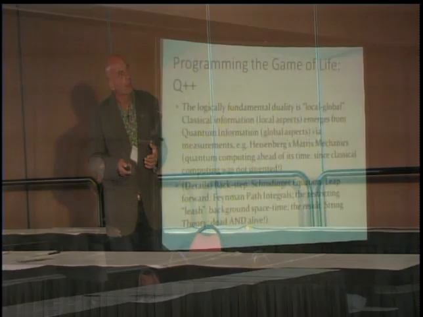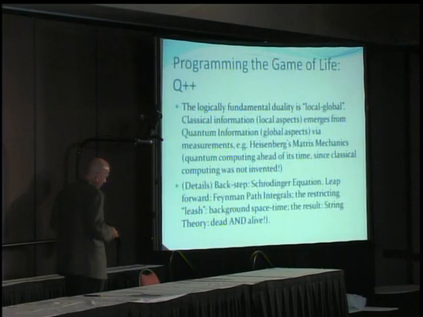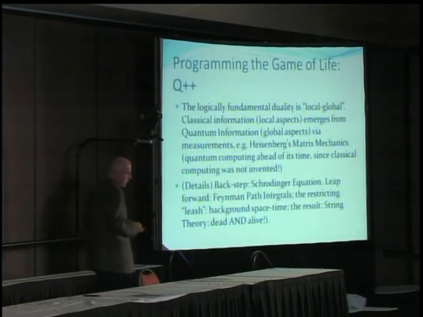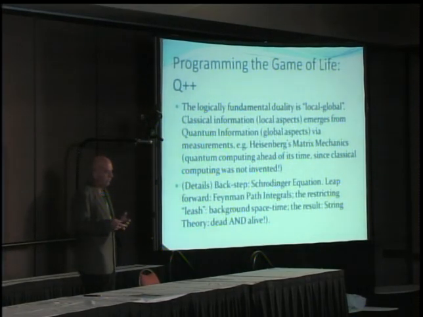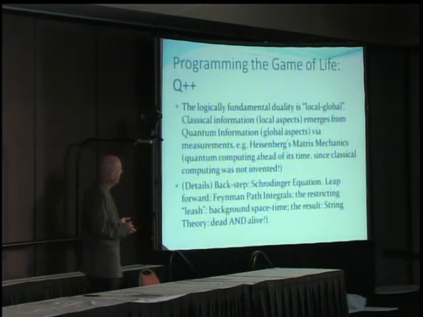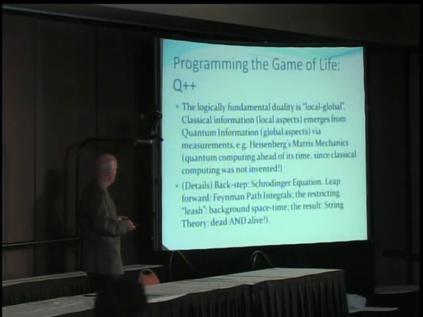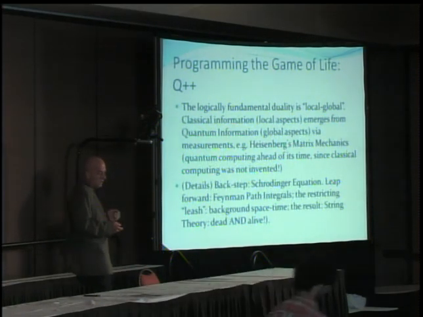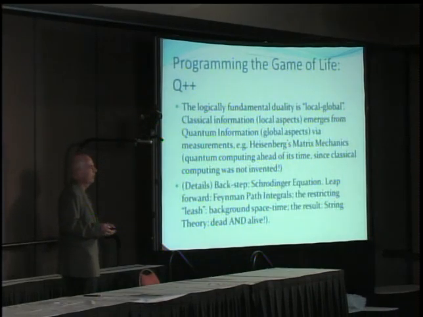On the other hand, I would like to emphasize that this computer science point of view of physics goes very deep. And if we recall that initially quantum mechanics was invented by Heisenberg as matrix mechanics, then we should understand that what he was really doing was quantum computing ahead of classical computing.